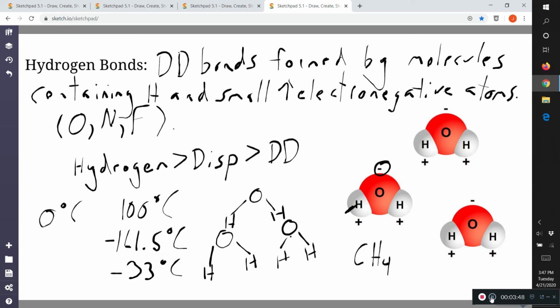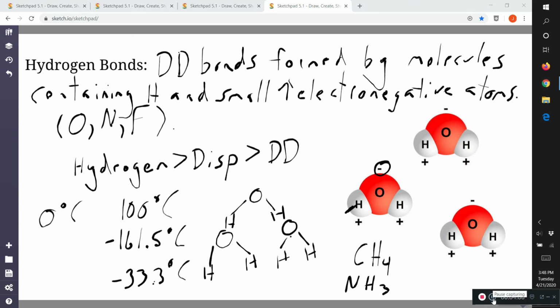Remember, ammonia is NH3. And so it's going to be hydrogen bonded as well. So things with hydrogen bonds tend to hold together much, much better. NH3 is going to have polar bonding as well, hydrogen bonds as well.